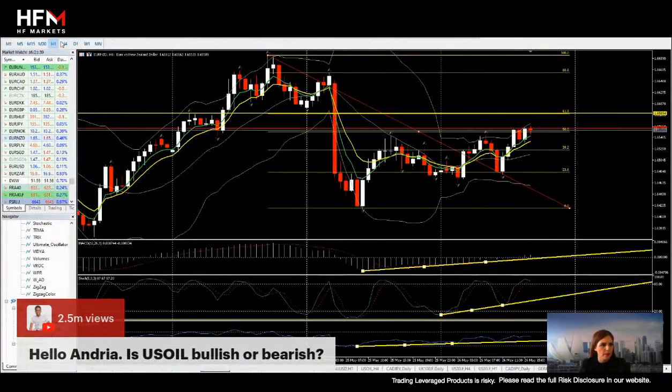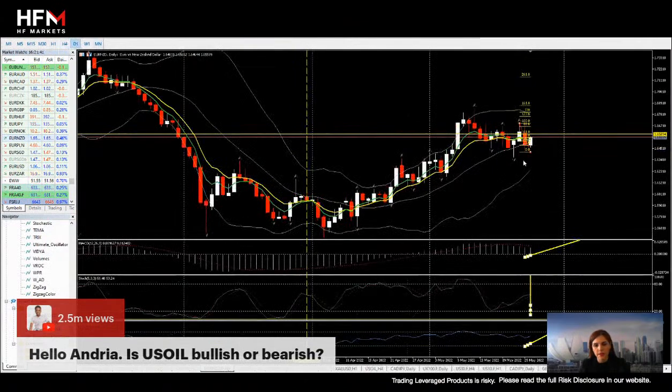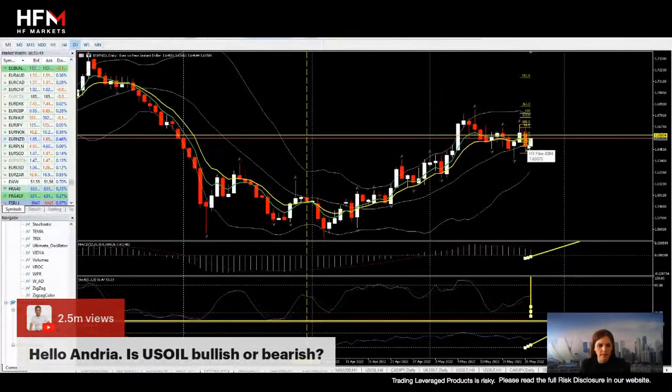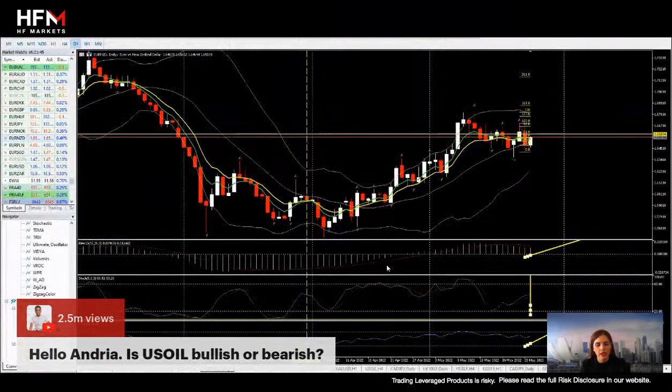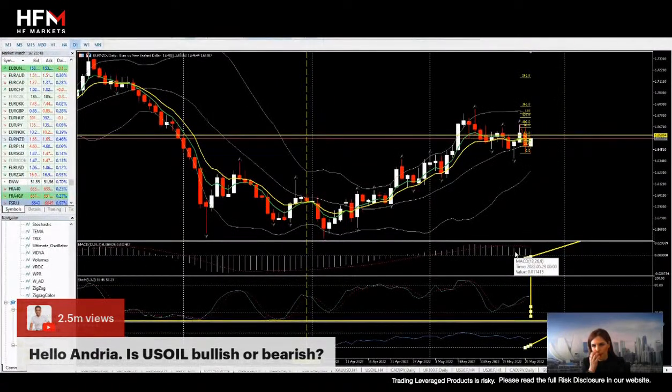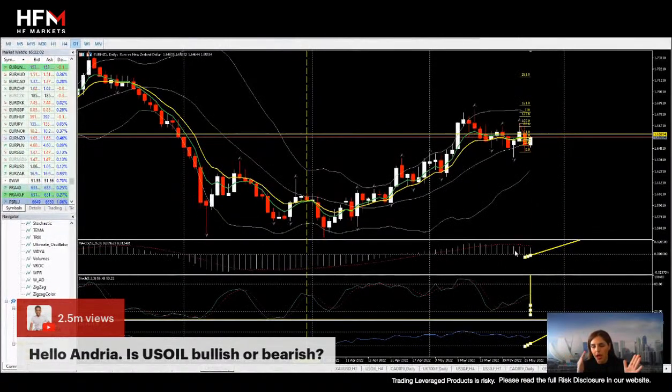But in general, due to the interest rate differentials, fundamentally for the long term, Euro New Zealand could depreciate considering the differentials between the RBNZ and ECB. So have this in mind for the long term picture.